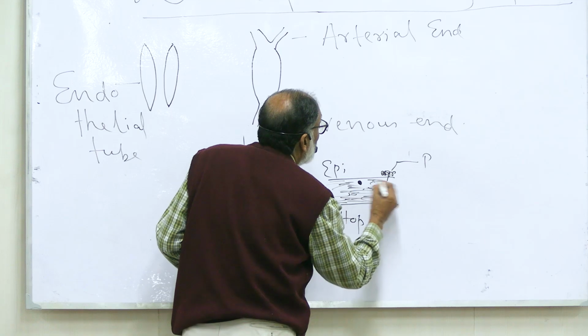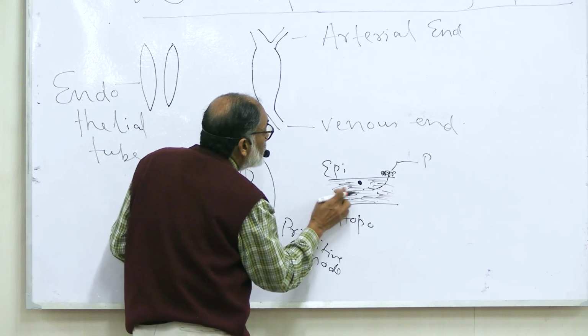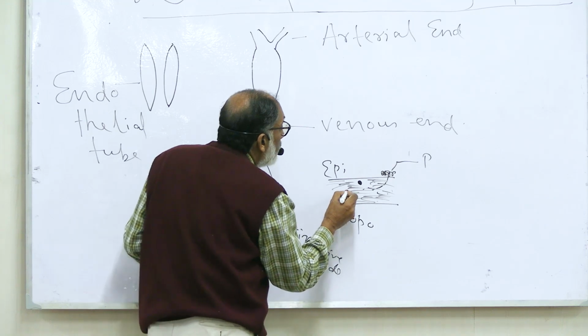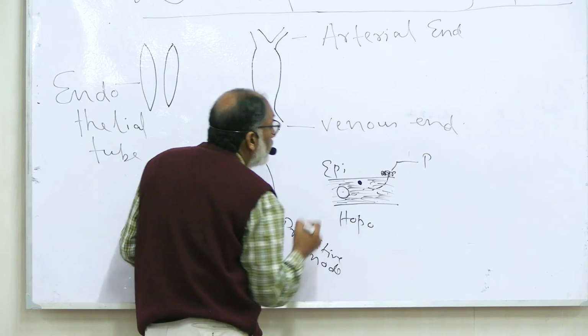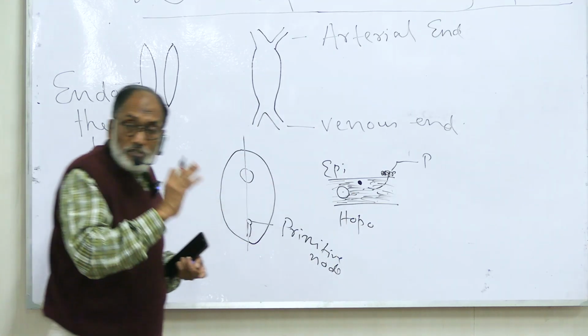Now here one space appears, that is called the intraembryonic coelom. The most midline and cephalic part of this coelom is known as the pericardium.